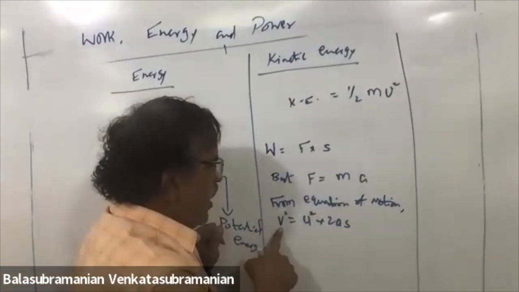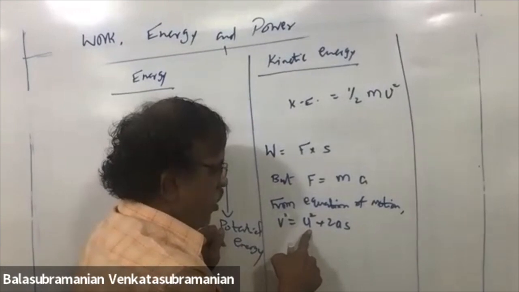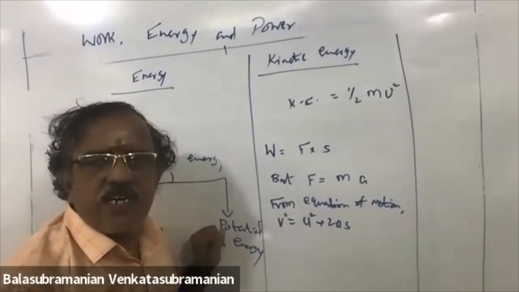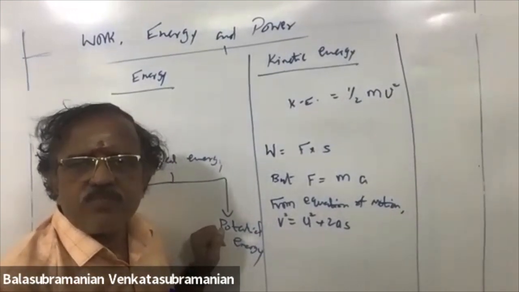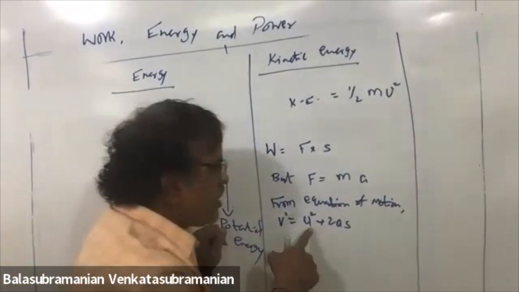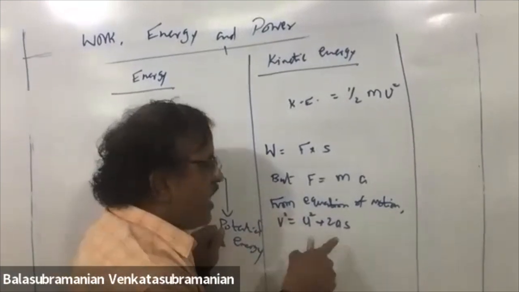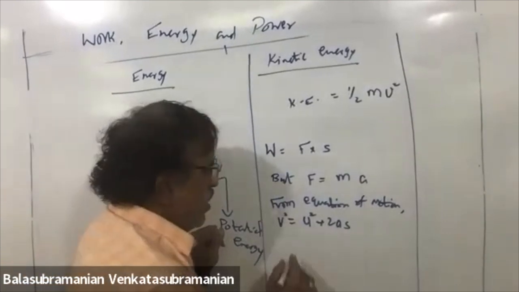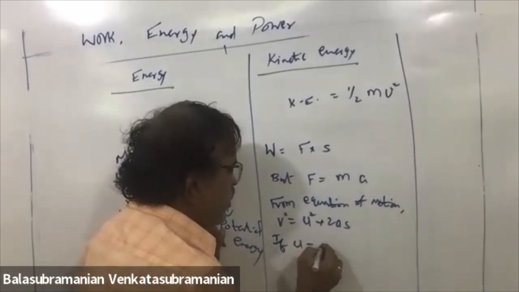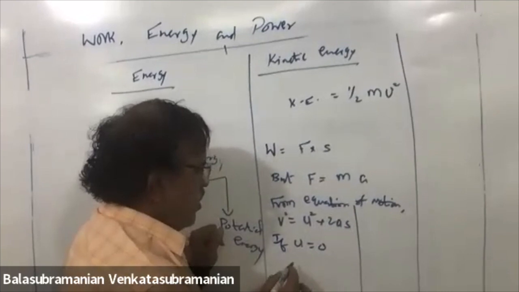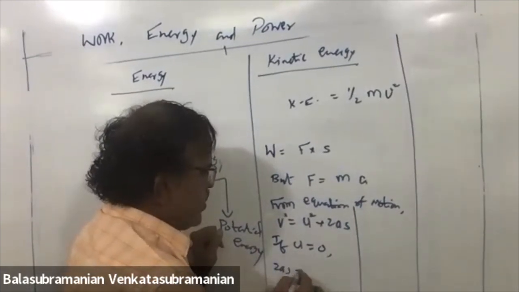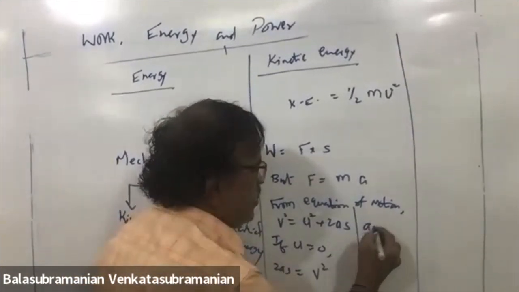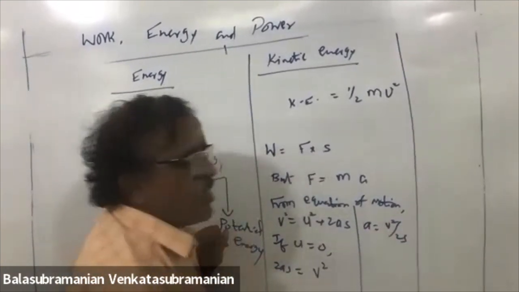V is the final velocity of the body. U is the initial velocity of the body. a is the acceleration, s is the displacement. If initial velocity is 0, then we can write V square is equal to 2as. If U is equal to 0, 2as is equal to V square, a is equal to V square by 2s.